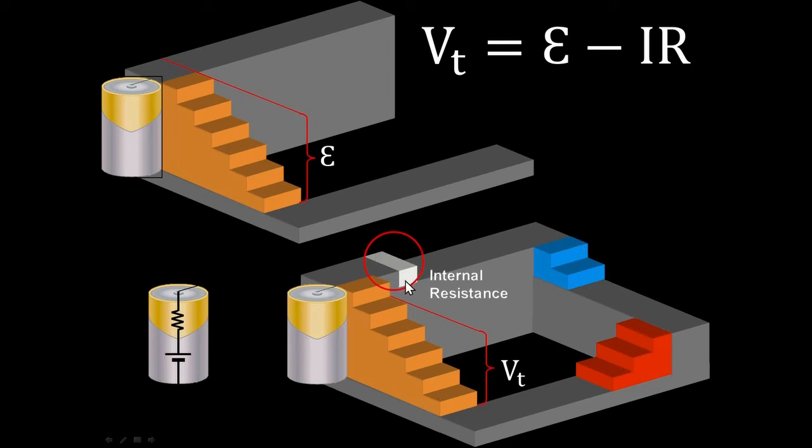This resistor, I'm saying, is internal resistance, that little resistor that's inside the battery. So when you send current through a resistor, it drops the potential. This battery now comes to this level because this much energy was used due to sending current through that resistor. And that's why batteries get warm when they're used.